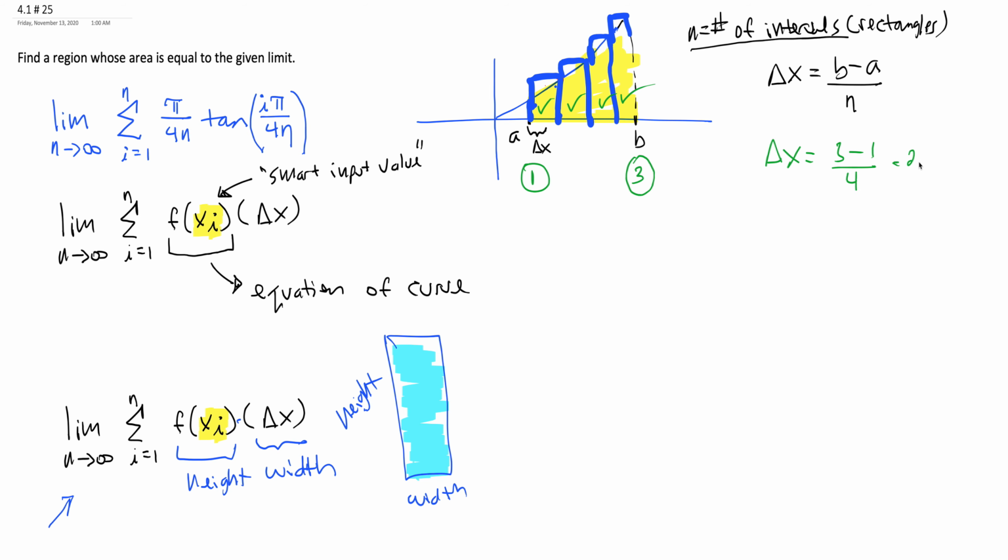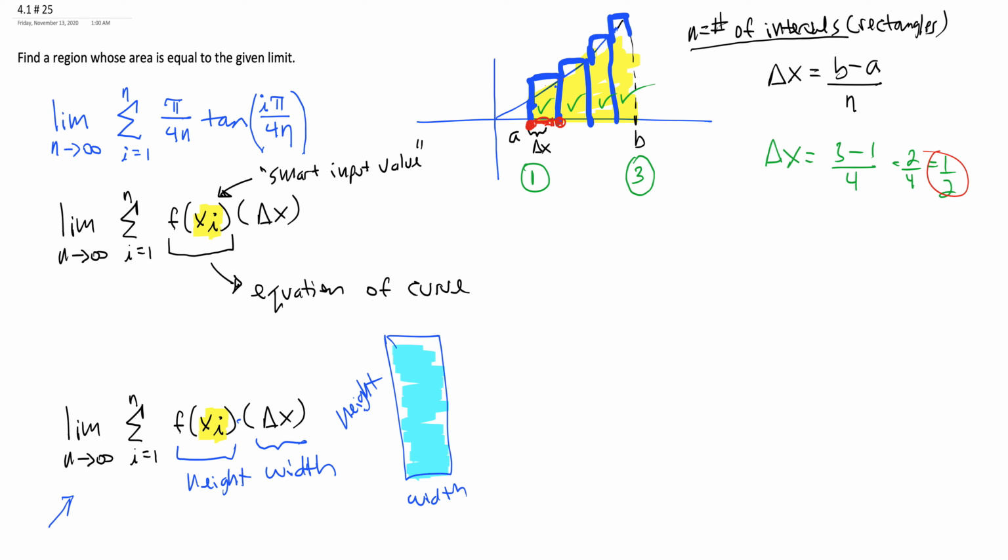That becomes 2 over 4, which becomes 1/2. That means that if this x value is 1, then the next x value over here is 1 plus our delta x, which is the width of the rectangle, 1/2. So that's 1.5.